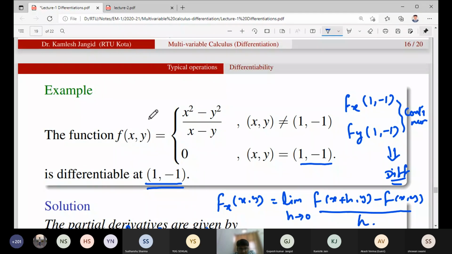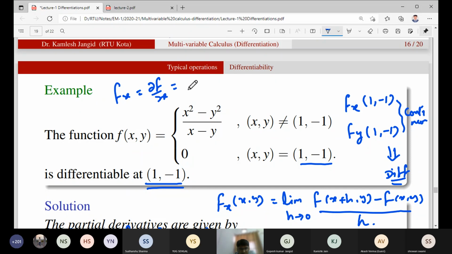So from here, fx means the partial derivative of f with respect to x. Now if you differentiate this term with respect to x, taking y as a constant, what should be the value?